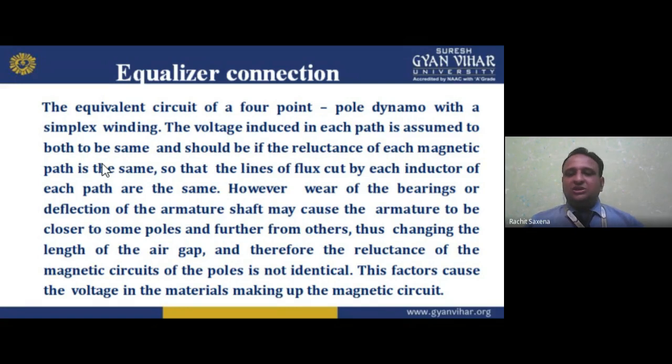So this factor causes a variation in the magnetic circuit. It changes the reluctance, so some portion has higher flux, some portion has lower flux. So we have to look into this matter.